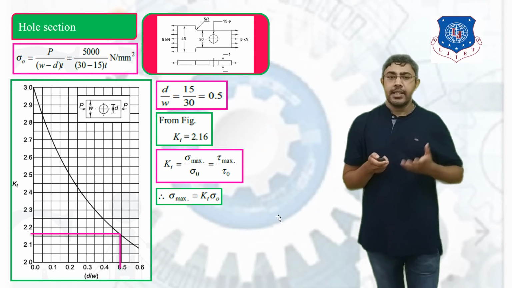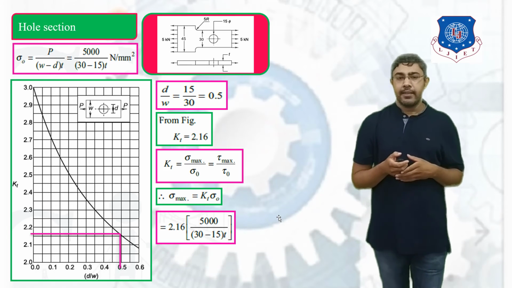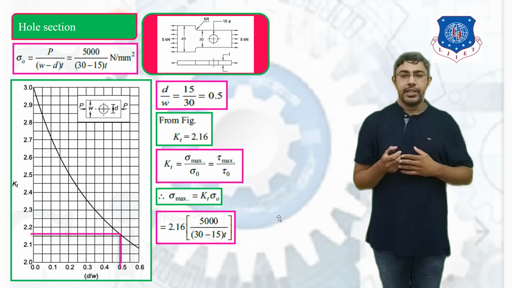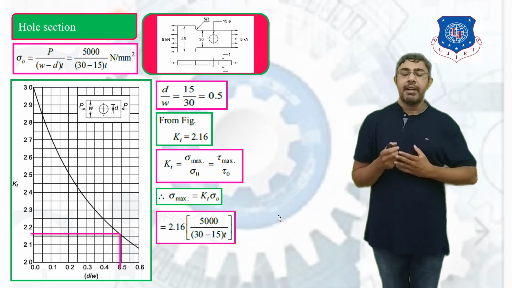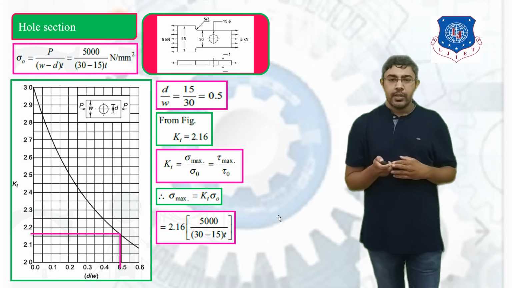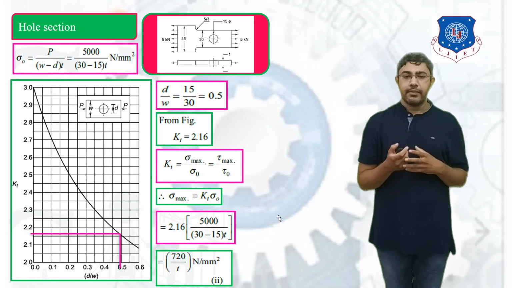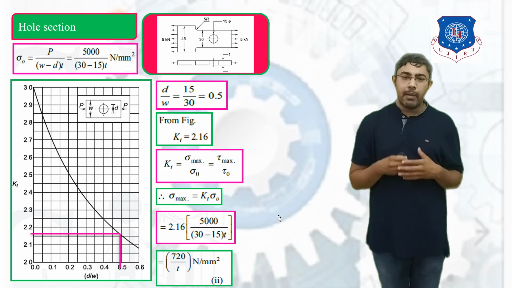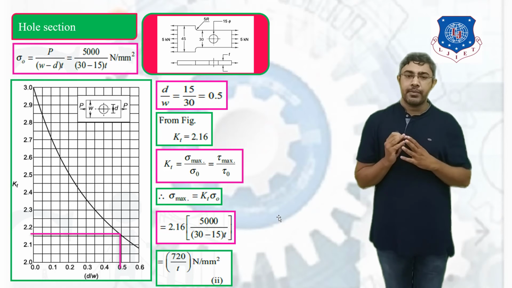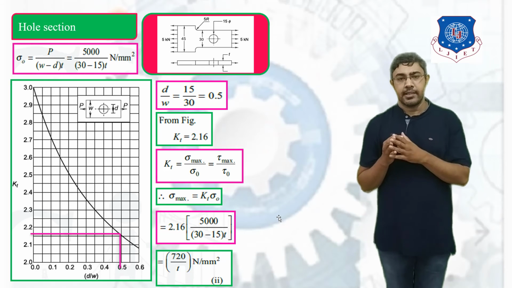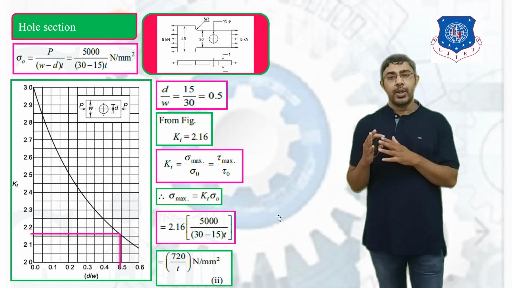By placing both values, we get sigma max is equal to 2.16 into 5000 divided by 30 minus 15 into T. If we simplify this, we get sigma max is equal to 720 divided by T Newton per mm square. This is the maximum stress that occurs at the wall section. Give this equation number 2.